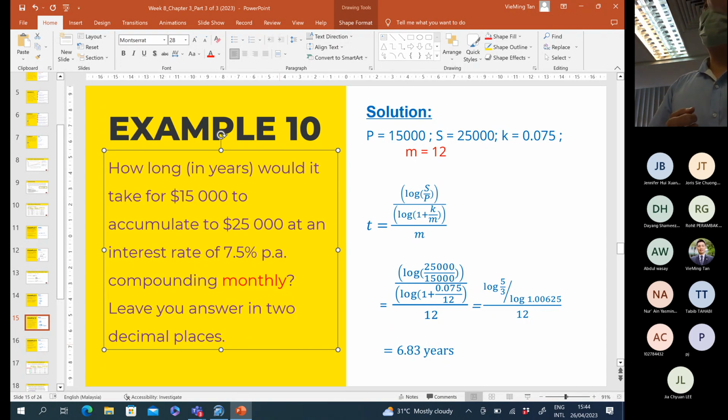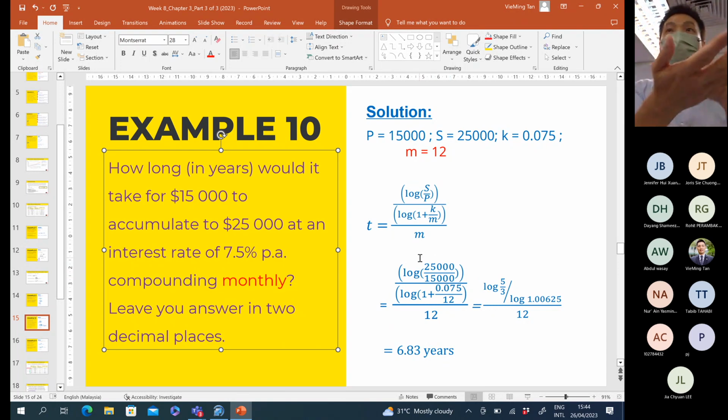Once you have the information, you apply the T formula. You copy from the formula list. Let us simplify this, because this equation involves log. S divided by P is this part, so this part is log 5/3.